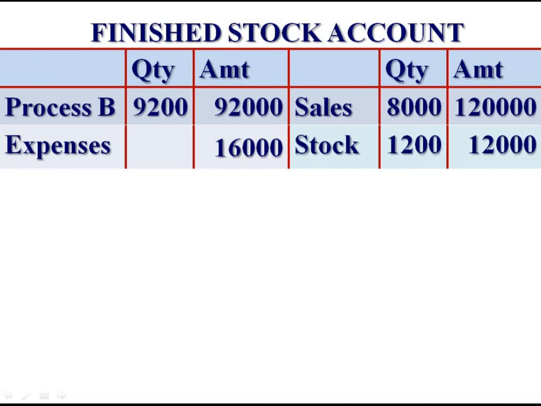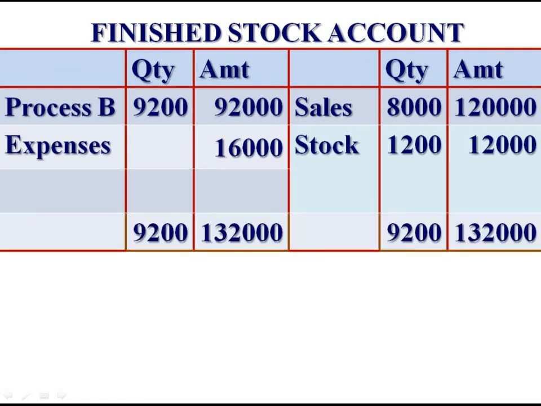This closing stock is valued at cost per unit of process B at rupees 10. 1,200 into 10, 12,000.